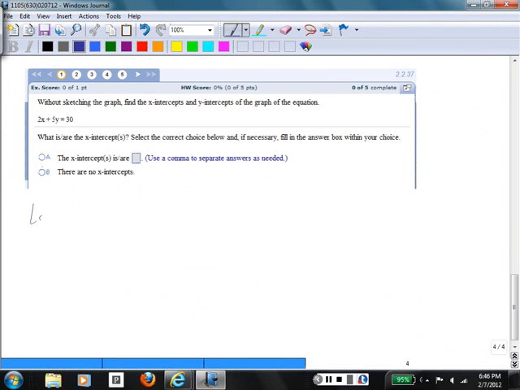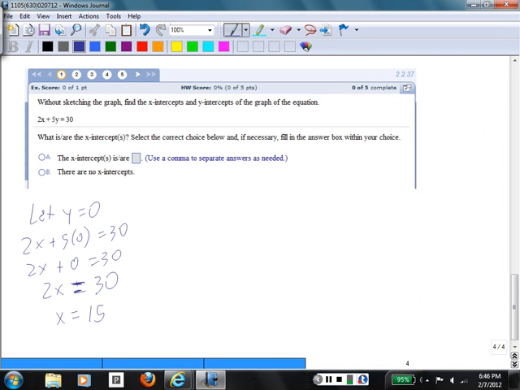So we let y be 0, and then substitute 2x plus 5 times 0 equals 30. 2x plus 0 equals 30. And so 2x equals 30. What's x? 15. Divide both sides by 2, x equals 15.